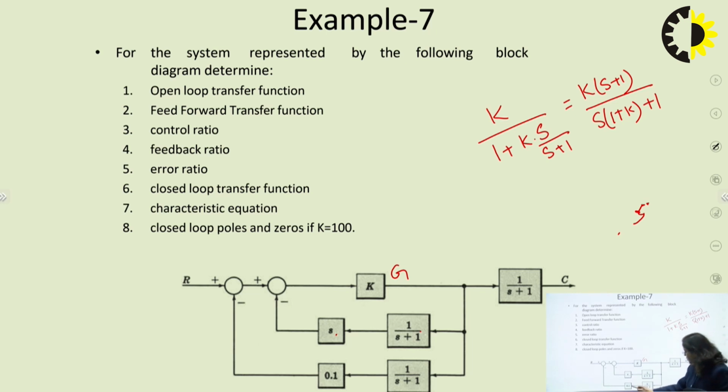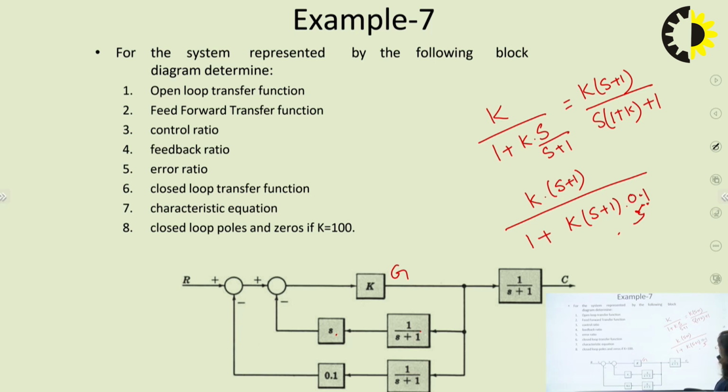Now again we take the feedback as 0.1 upon S plus 1. So this whole block will become G, that is K into S plus 1, upon 1 plus G, that is K into S plus 1 upon S into 1 plus K, into H, that is 0.1.